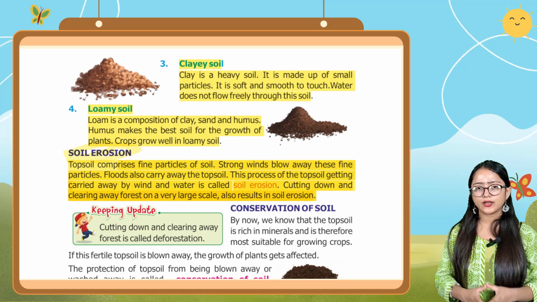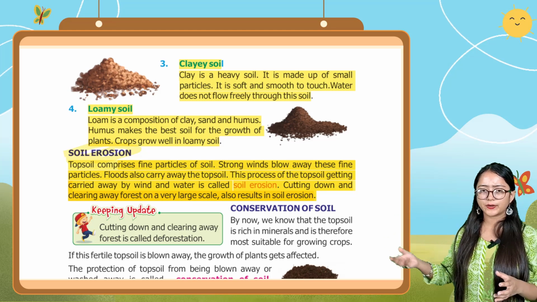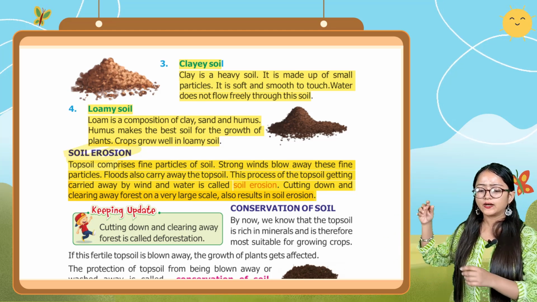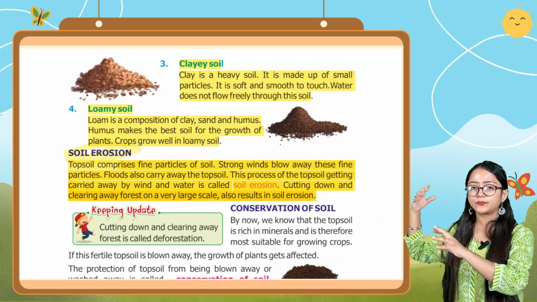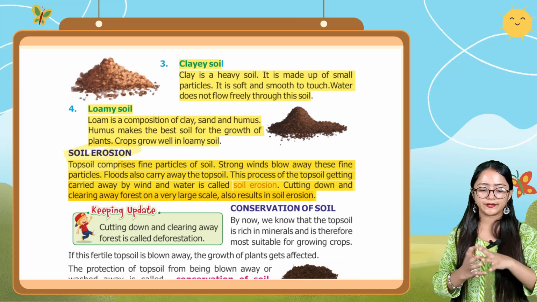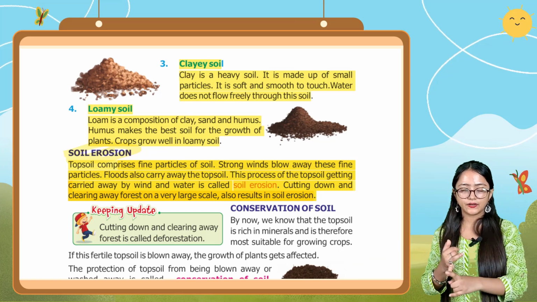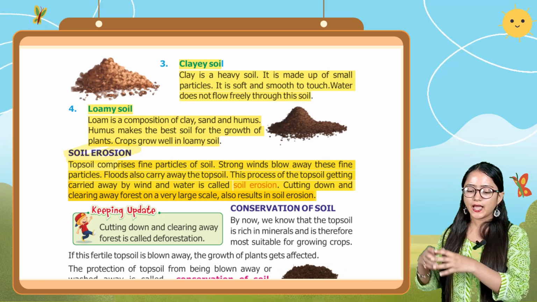Okay, so soil erosion is what? The topsoil comprises fine particles of soil. Strong winds just blow that topsoil, and the fine particles are easily carried away. And floods also carry away the topsoil very easily.